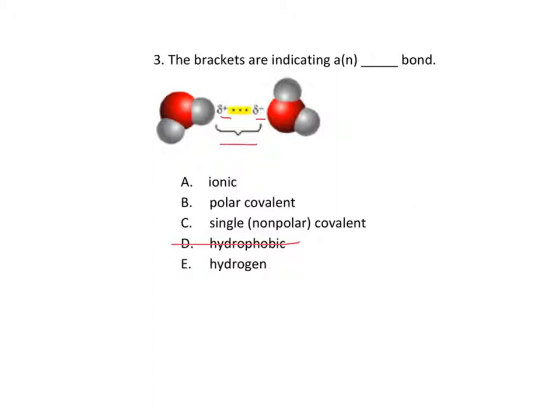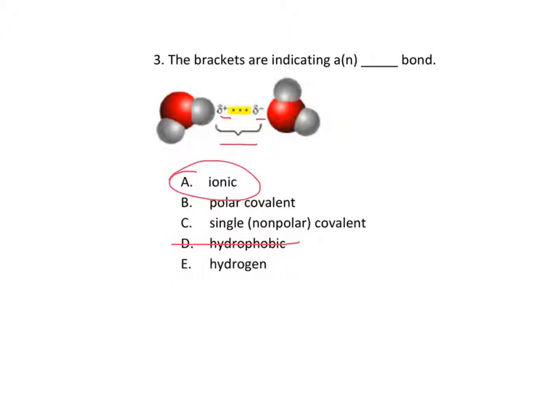So it doesn't look like they're sharing. It looks like one atom pulled the electron pair away from the other, causing it to become more negative and leaving the other atom to be more positive. And that is a definition of an ionic bond. So what we're working with here is an ionic bond, which is what's going on in this bracket.